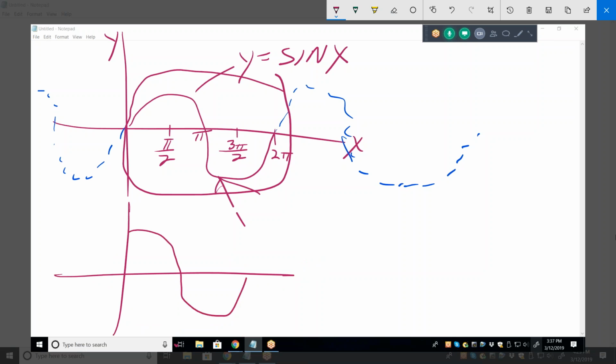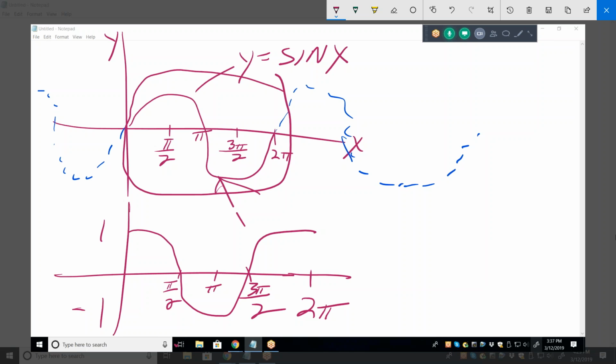Cosine goes like this, and notice that if you know these curves, you actually can answer the quadrangles easier. In other words, I know that's pi over 2. I know that's pi. I know that's 3 pi over 2.